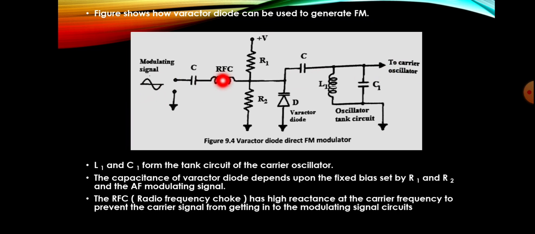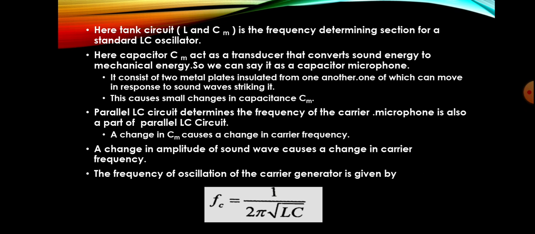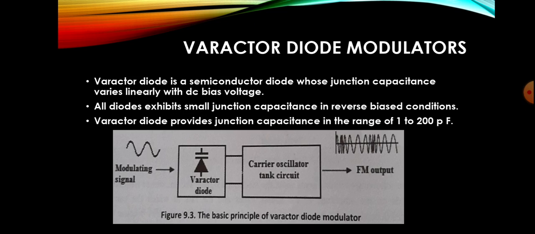Once a modulating signal comes, the reverse bias at the Varactor diode increases. As a result, the junction capacitance of this Varactor diode decreases. Reverse bias increases means that the depletion region width increases. As a result, junction capacitance decreases. We know from the previous equation that frequency is inversely related to capacitance.